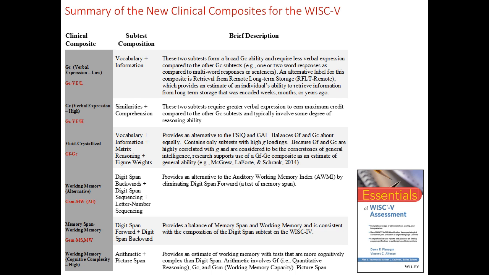There's a memory span composite, which is like the WISC-4 memory composite, so it's digit span forward and digit span backward. There's also a working memory composite of what we consider high cognitive complexity: cognitively complex tasks that require working memory, so arithmetic and picture span.